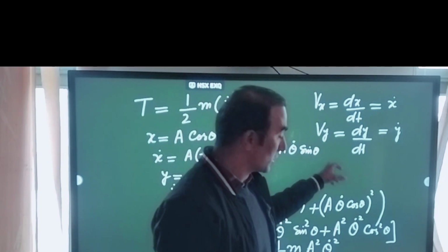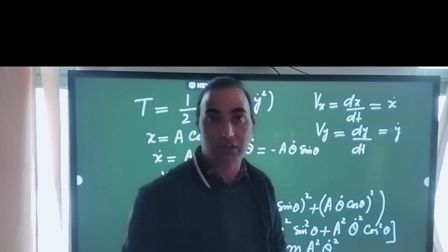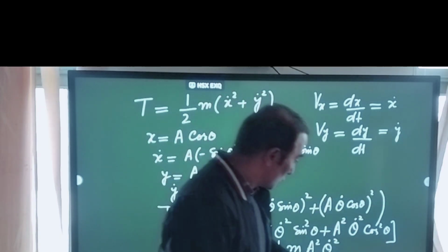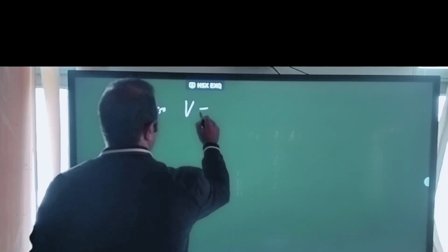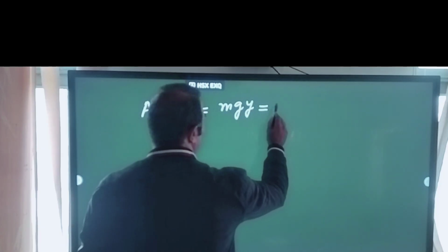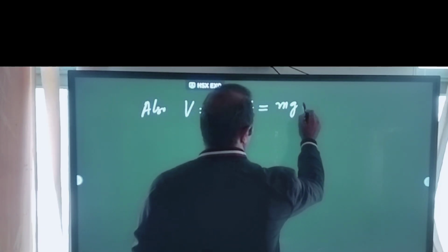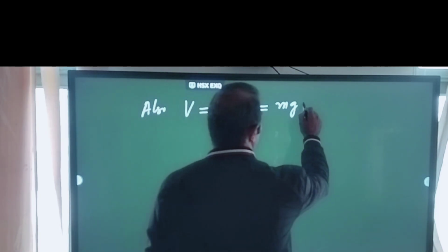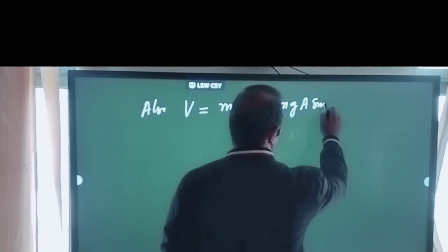So for a uniform gravitational field, the form of V is equal to mgy, that is mg into a sin theta.